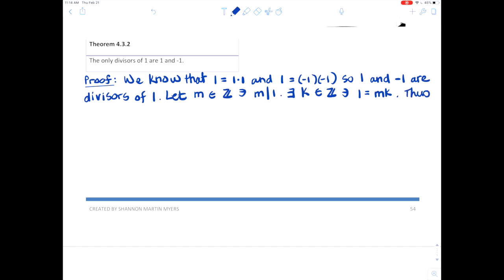Thus, M and k are both positive or both negative. And this is again that theorem 25.